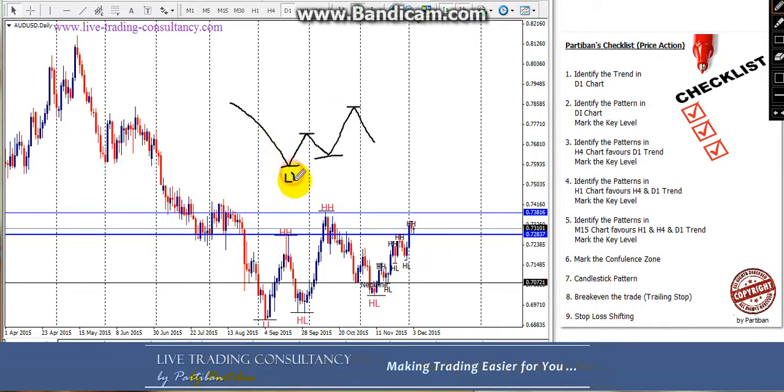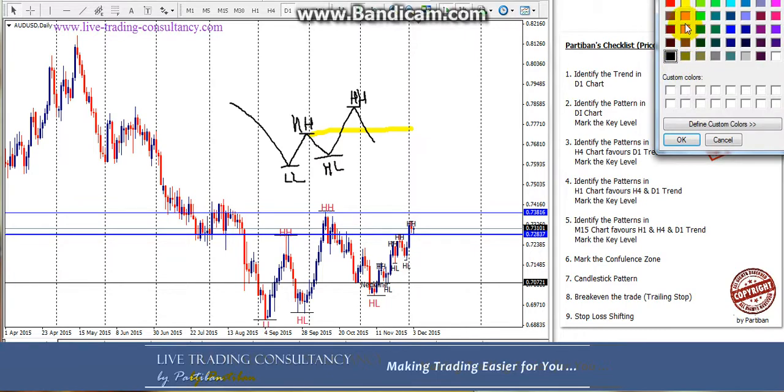So lower low, higher high, higher low, higher high, and the key level is this one, the first higher high. So once the market penetrates this region, let me mark it in a different color.